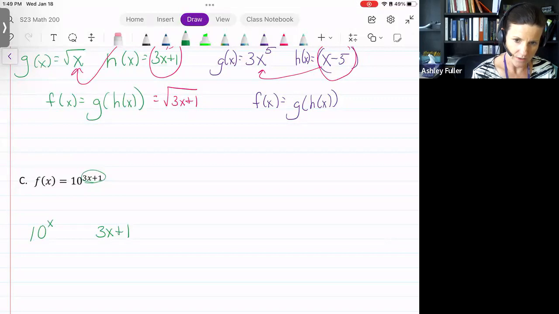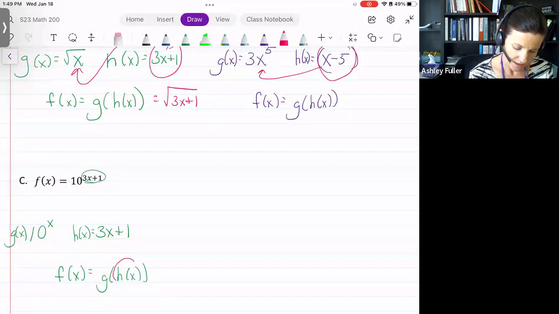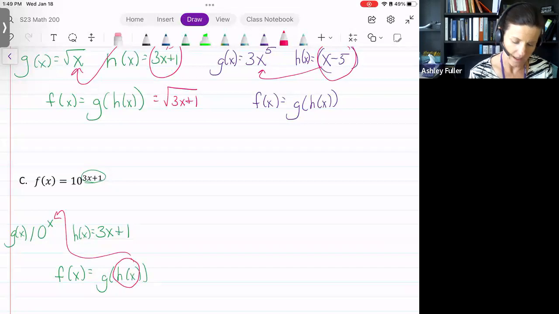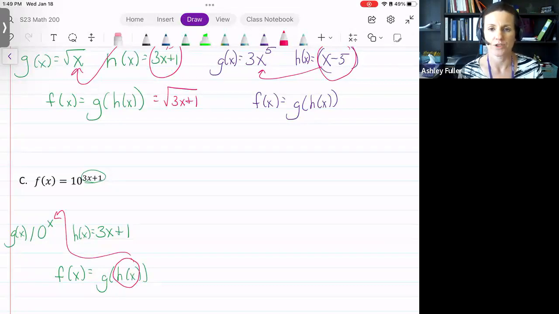So I want f of x to equal g of h of x. So my h of x is the 3x plus 1, and my g of x is 10 to that power, because I'm taking this and inserting it to that portion of the function.